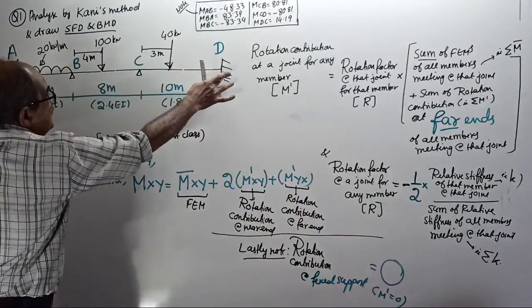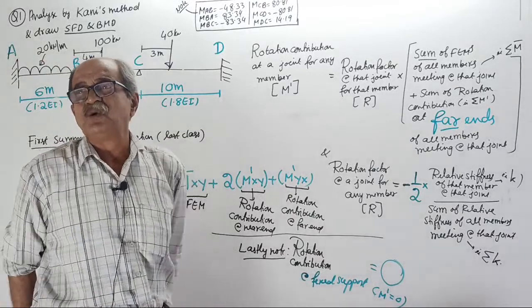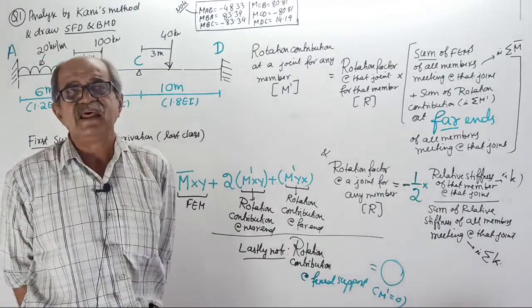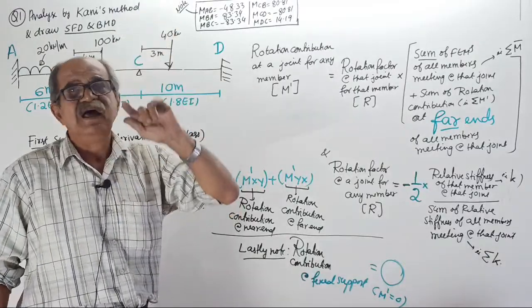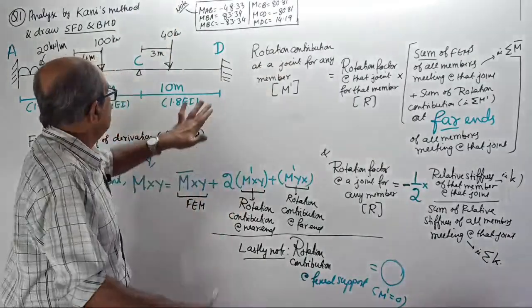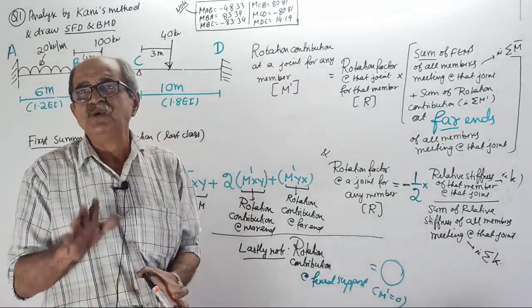Ends are fixed today. If they are simple supports, or overhangs are there, some corrections are needed. I will tell you the corrections later in the group class. Those who are general public, they should learn. Everything I can't upload on YouTube.